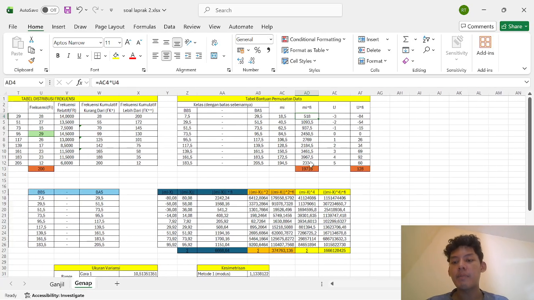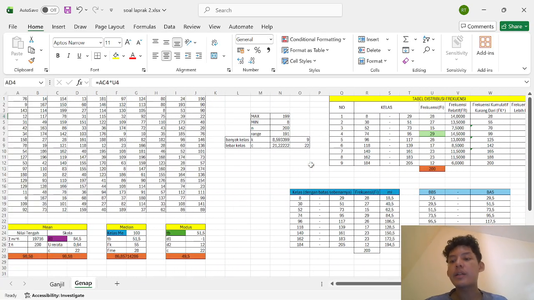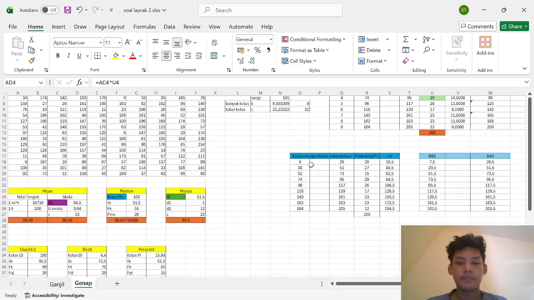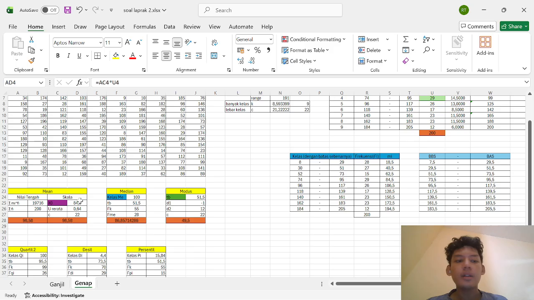Once the table is complete, the next step is calculating the group data mean. The mean is calculated using the formula: the total of the multiplied values divided by the total frequency.